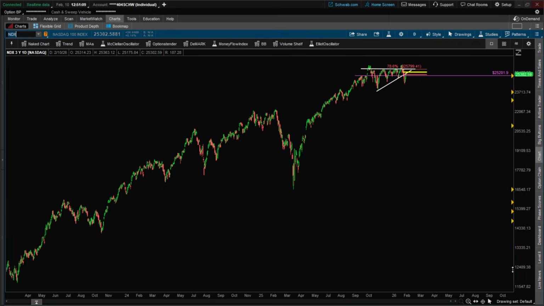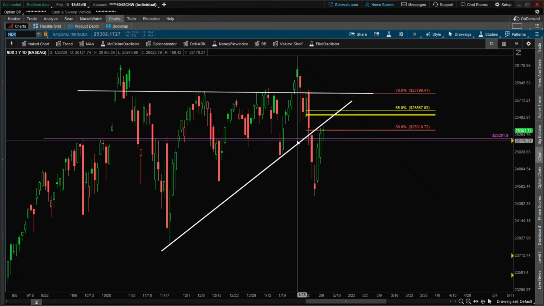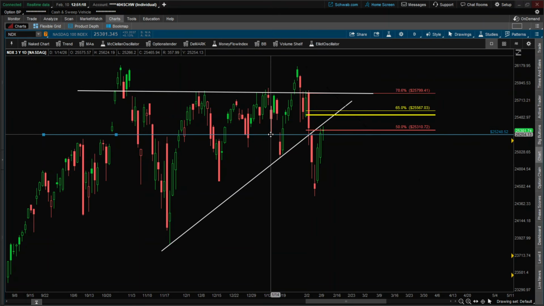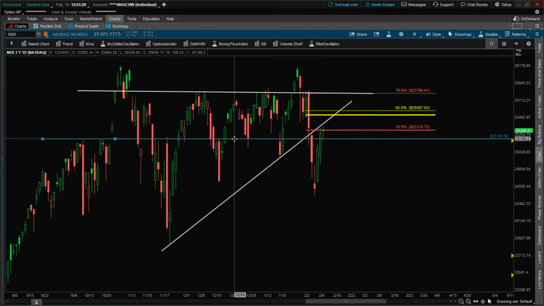On NDX, here's a lot of things that we drew, and the big one is the retracement to the 50%. This is an important line. This is actually a zone. I can put two of these. You have a zone from right about here at about 25,300.